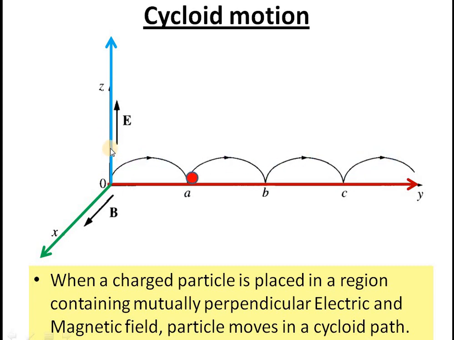When it is moving in the z direction, the magnetic field is there, so due to its presence it experiences a Lorentz force. As a result, the charge starts to move in a circular path like this, since B is perpendicular to the motion. So due to the Lorentz force, the particle starts to move in a circular path.